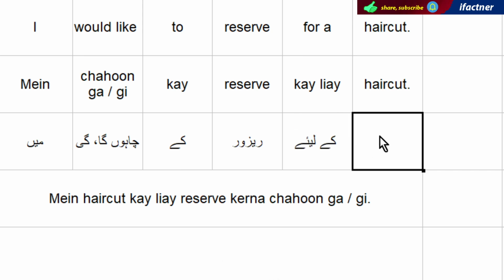And haircut can be बाल कटवाने, or let's try to write haircut, which is an English word, in Urdu. So we will write he ye hair hamza re, hair, and cut is kaf te, cut, haircut.